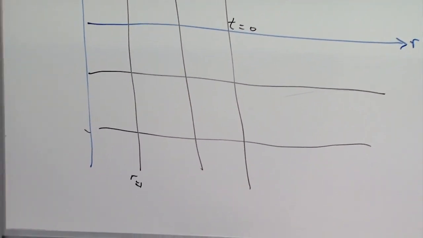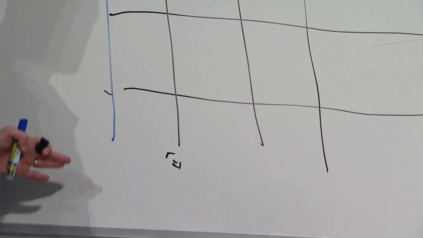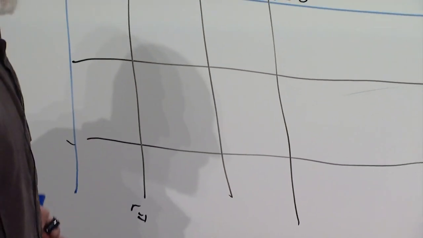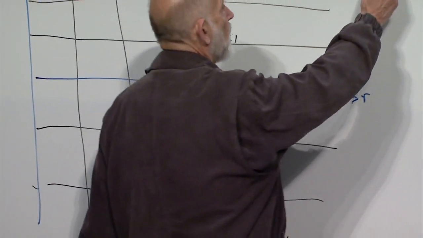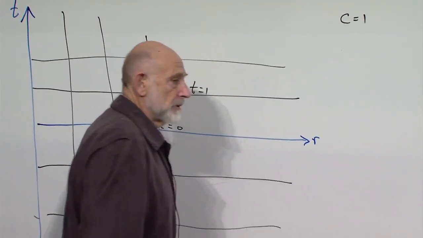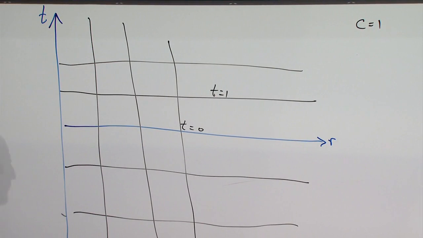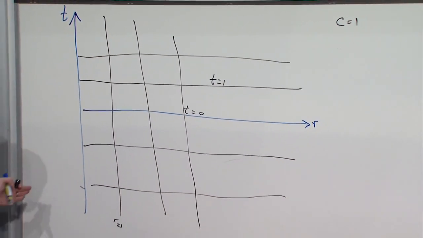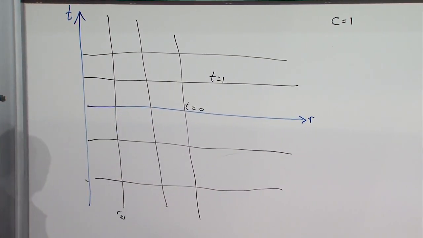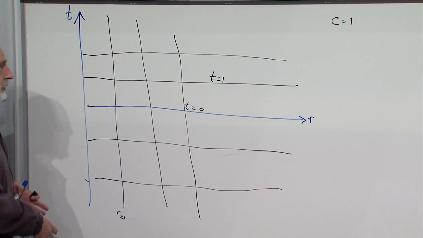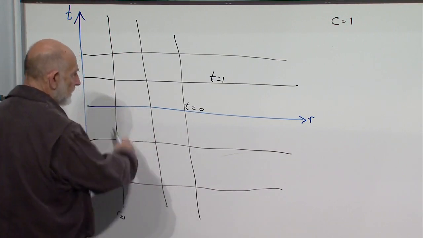And in all cases, I will imagine using units so that the speed of light is 1. C equals 1. That simply means that if I'm going to use seconds for time, I use light seconds for distance. And then light rays will move at 45-degree angle.